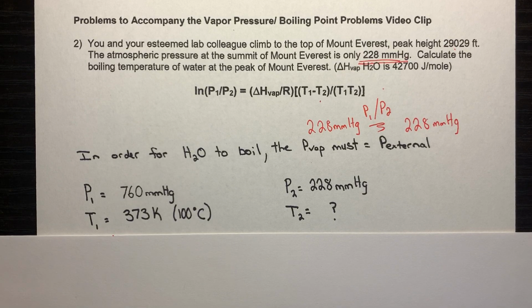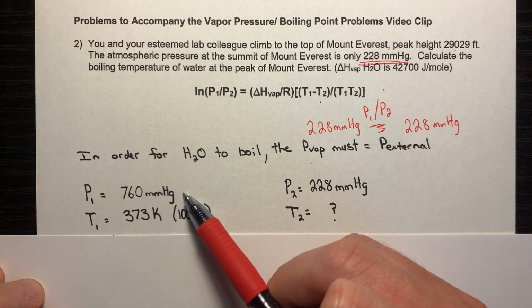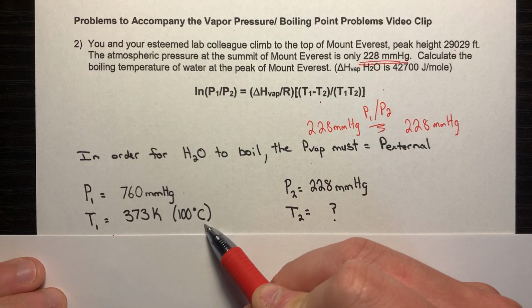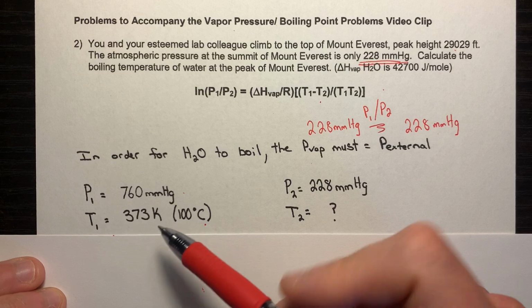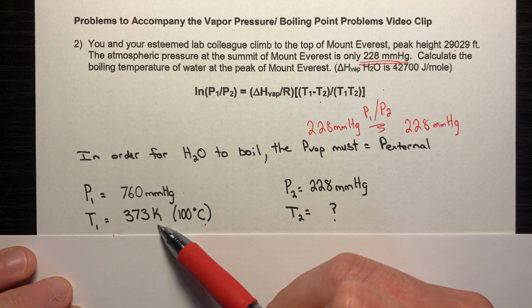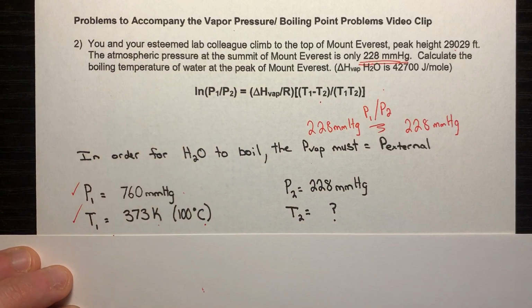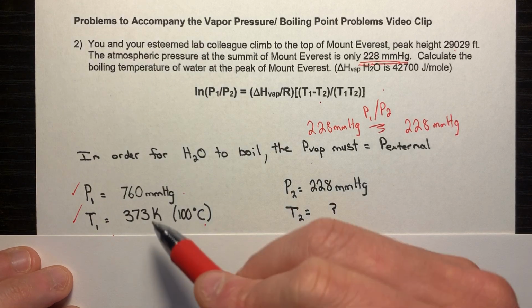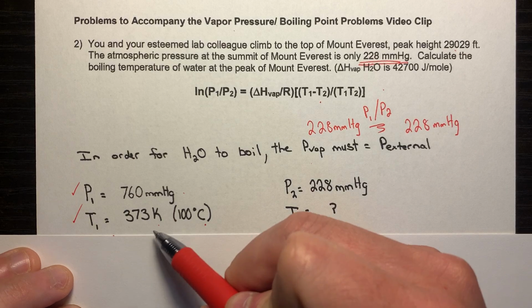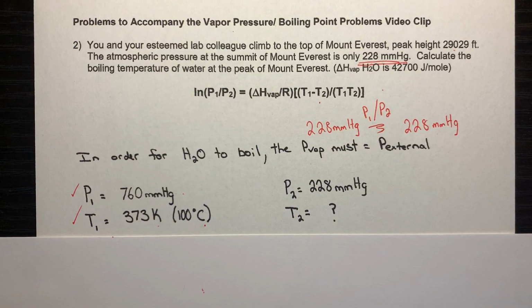We know that at 1 atmosphere, or 760 millimeters of mercury, the boiling point of water is 100 degrees Celsius, or 373 Kelvin. So this will constitute one of our data points, okay? That the vapor pressure of water is going to be 760 millimeters of mercury at 373 Kelvin.